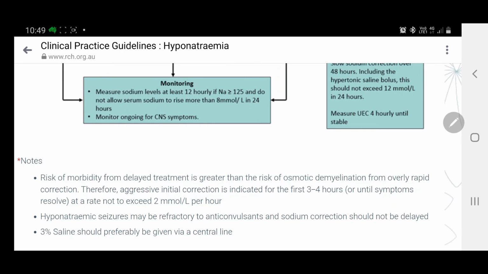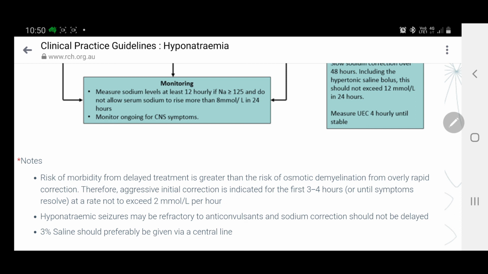Some important notes are that the risk of morbidity from delayed treatment is greater than the risk of osmotic demyelination from an overly rapid correction. So remember, aggressive initial correction is indicated in the first 3 to 4 hours or until symptoms resolve, at a rate not to exceed 2 millimole per liter per hour. So we should act fast, okay?